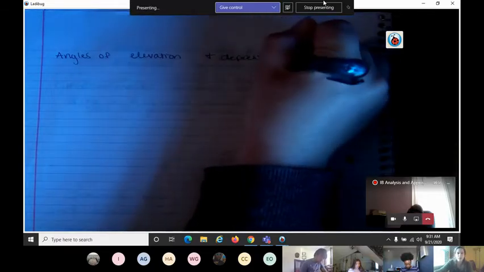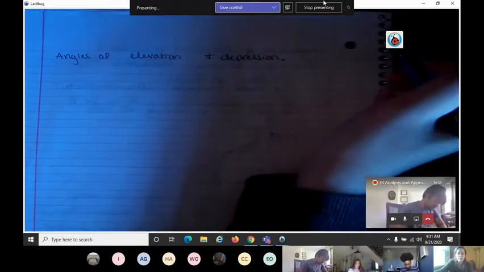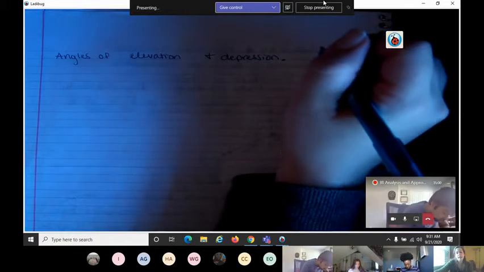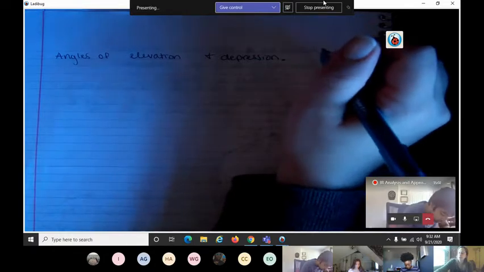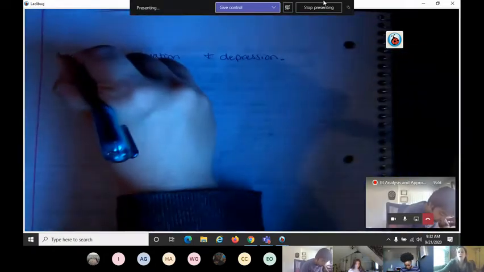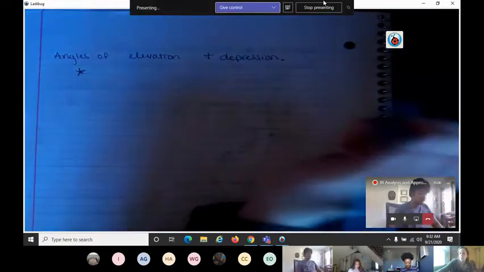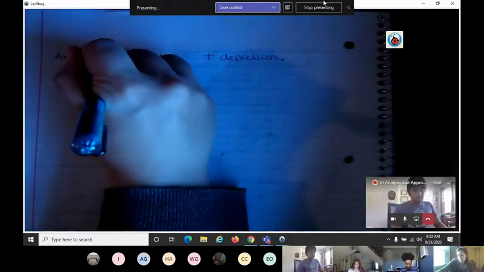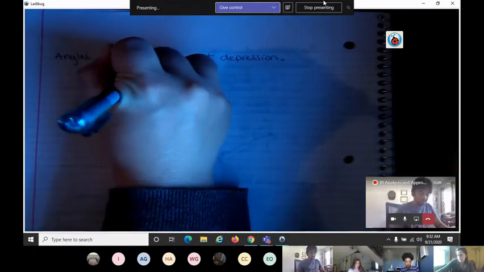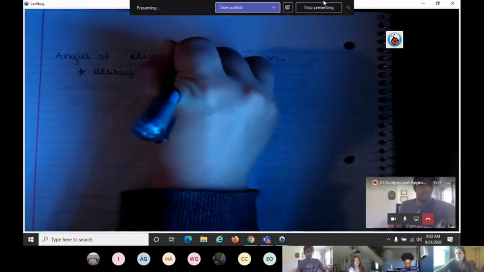So we will do 2 examples with this one to do both elevation and depression. Regardless of which one you're doing, you always start from a horizontal line.